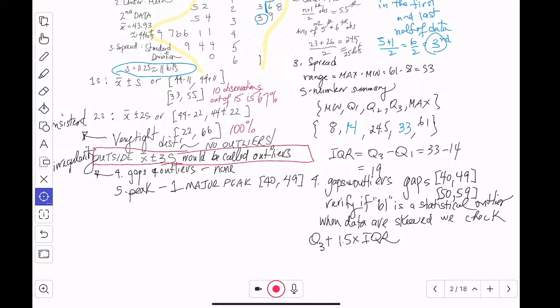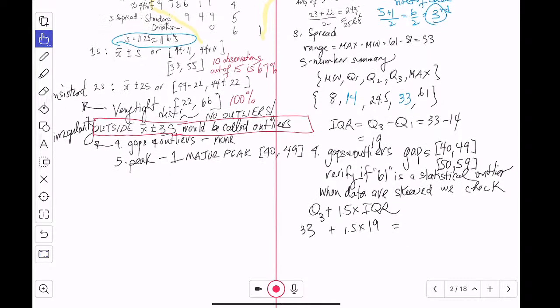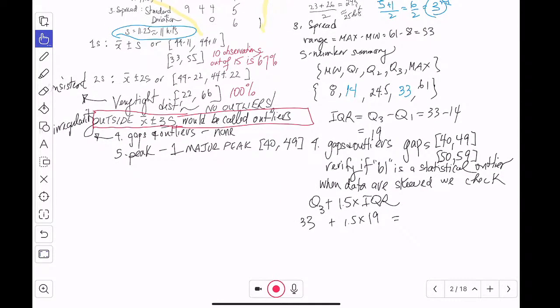So what we do is we take the 19, we multiply it by 1.5 and we add it to 33. So remember what we did yesterday. And look what you get. What do you get?